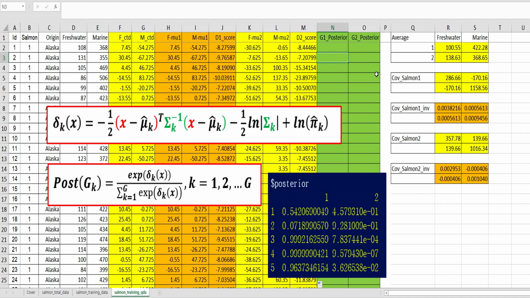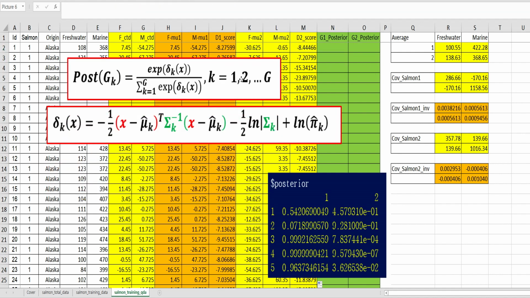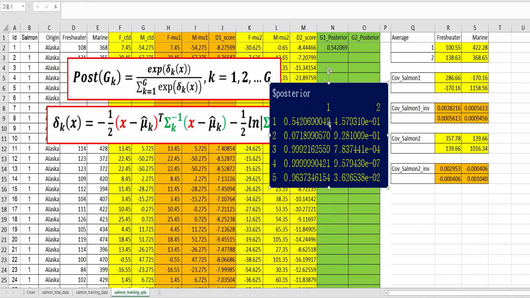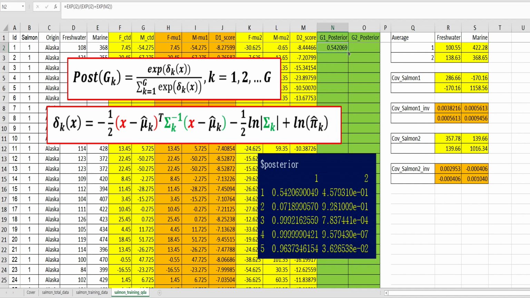Okay, the final step is to calculate posterior probability. So by using this formula, exponential delta 1 square over exponential group 1 plus exponential delta 2 square here. Alright, so as you can see, same. So let's double check.